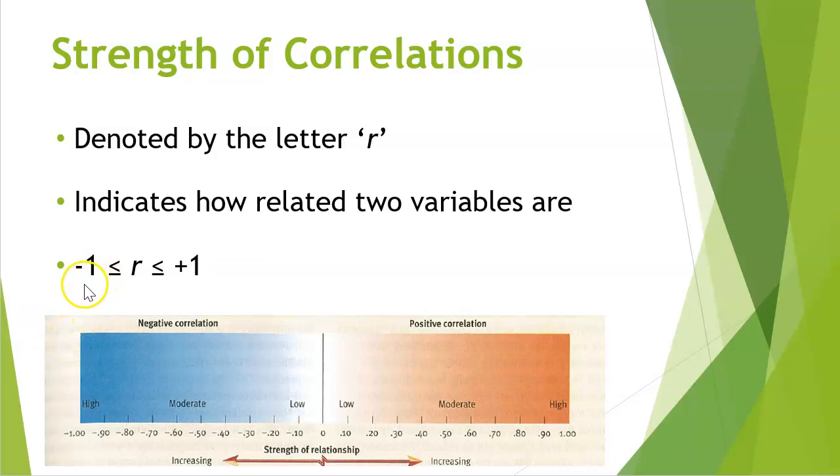And this is between a range of -1 and +1. So a -1 would be a perfect negative correlation, which means every time one increases, the other one decreases. So absolutely perfect. Whereas an R of +1 would be a perfect positive correlation.